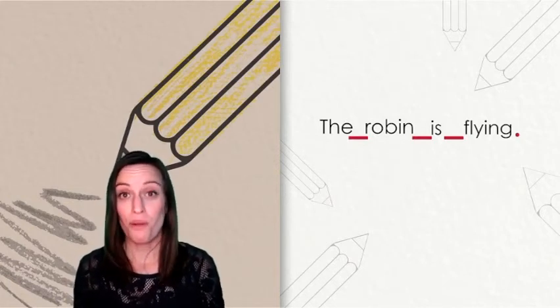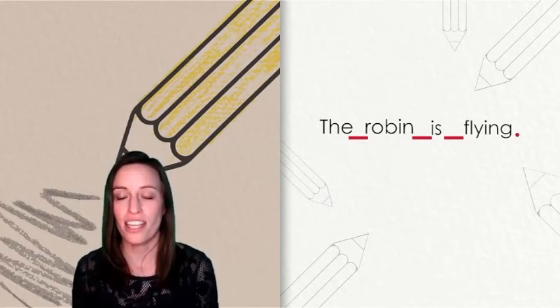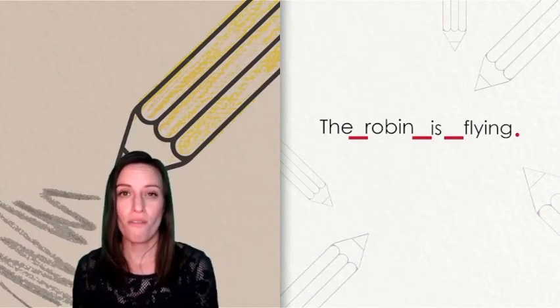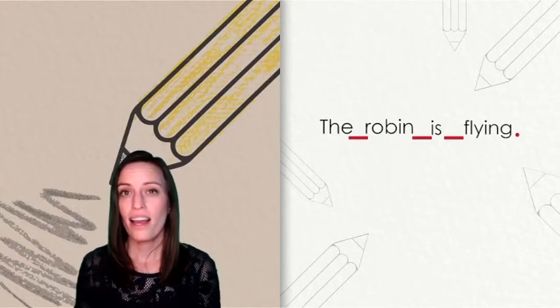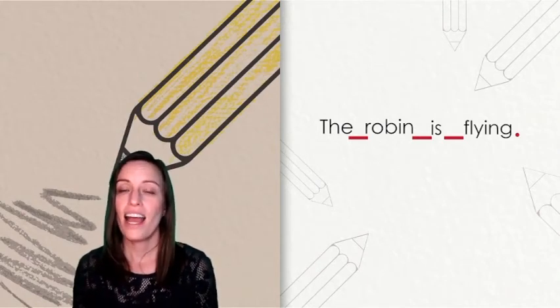Go ahead and pick up your pencil so you can write the second half of your sentence. So far you have the robin. You can leave a space and then write the high frequency word is. I-S.